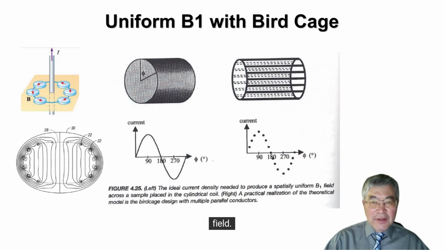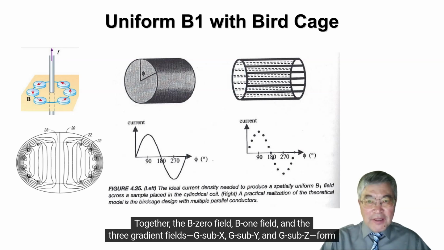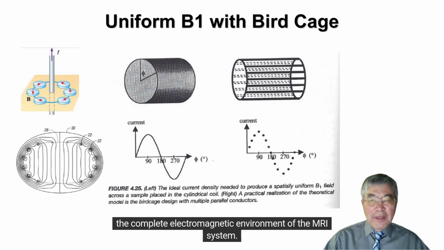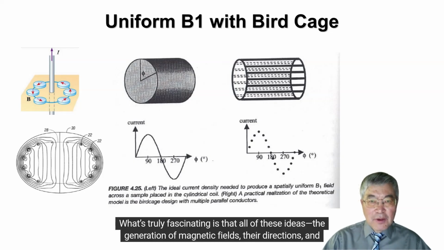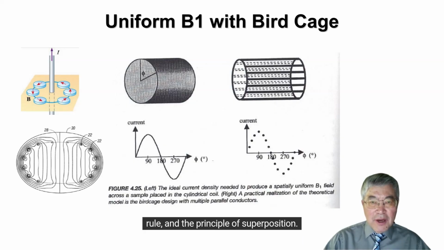In essence, this is how we achieve a uniform rotating magnetic field that interacts with the main B0 field. Together, the B0 field, B1 field, and the three gradient fields, G sub X, G sub Y, and G sub Z, form the complete electromagnetic environment of the MRI system. What's truly fascinating is that all of these ideas, the generation of magnetic fields, their directions, and the way they add up, can actually be explained using high school physics, Ampere's law, the right-hand rule, and the principle of superposition.